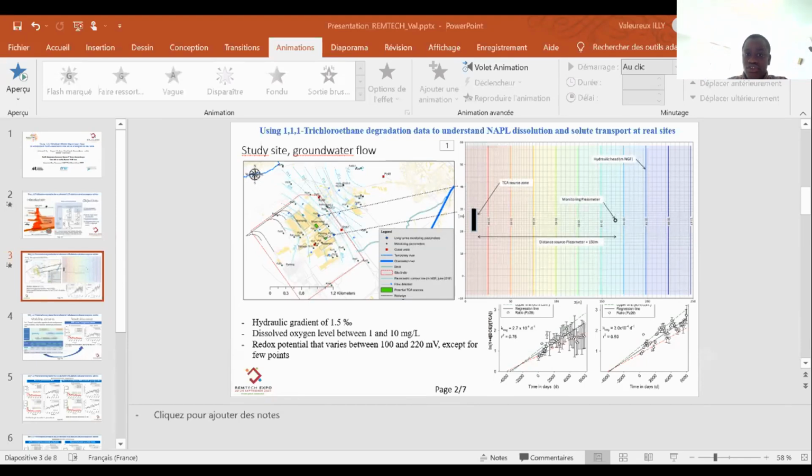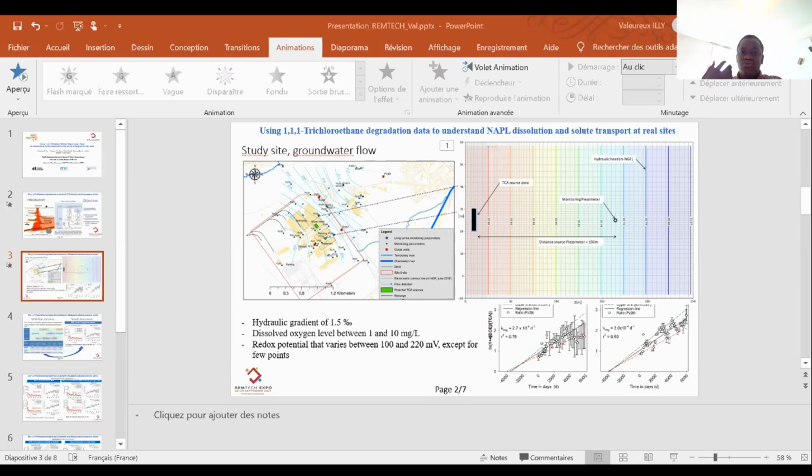On these two piezometers we have the concentration of TCA and its degradation product, which is 11-DCE. This concentration time series is almost 20 years long, as you can see, and we have different peaks over time of different shapes.